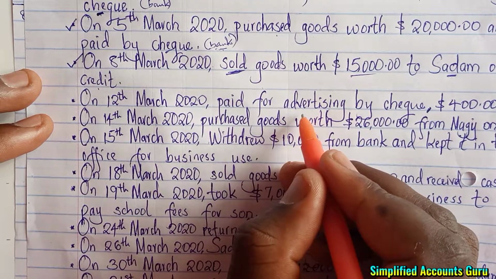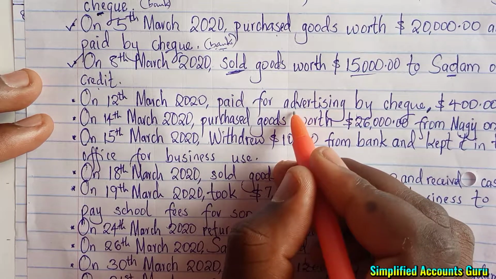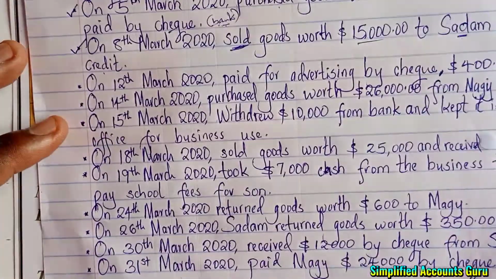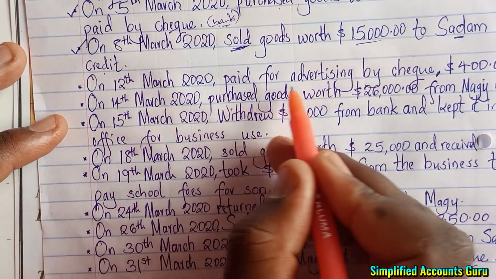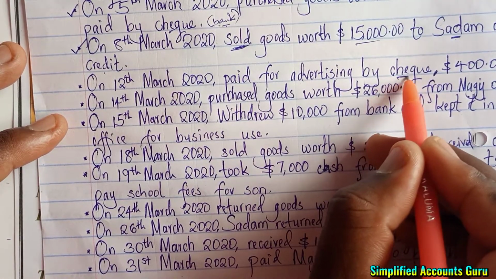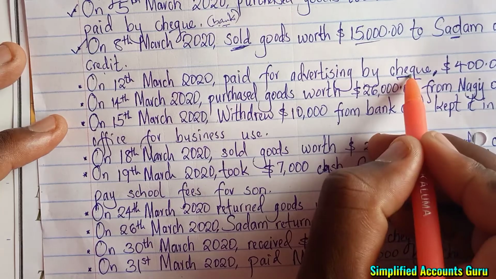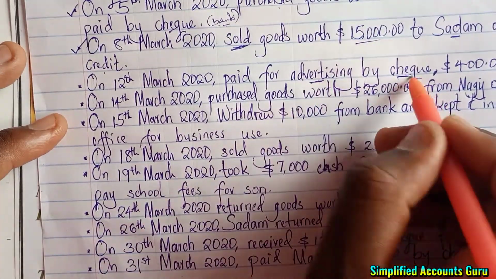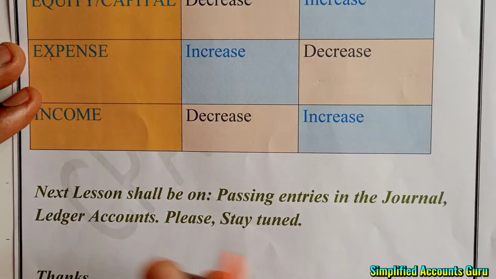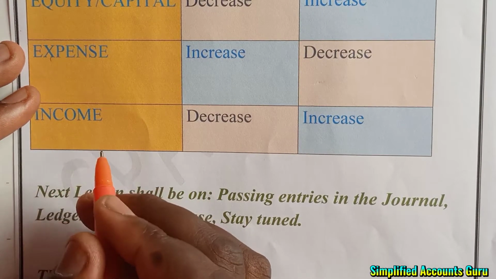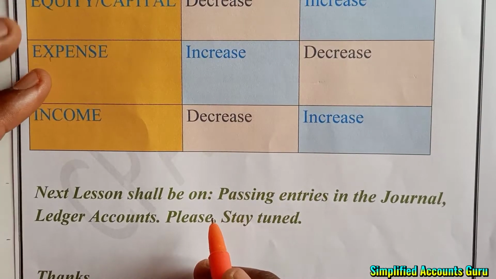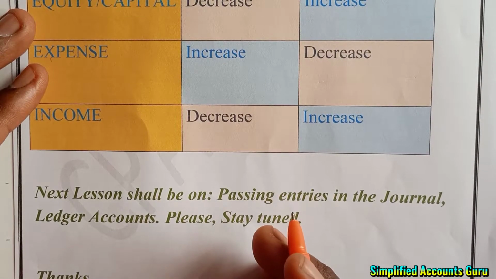The advertising that was done here is an expense. Remember here we have paid for advertising by check. The check here tells us about the bank. So we have the bank and we have advertising expense. This is an expense, this is an asset. What happens when expenses go up?